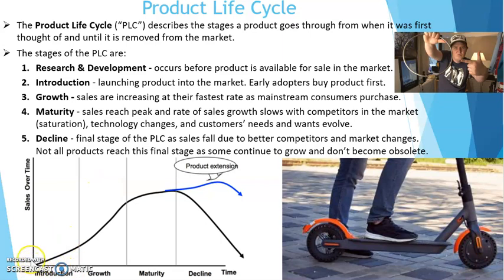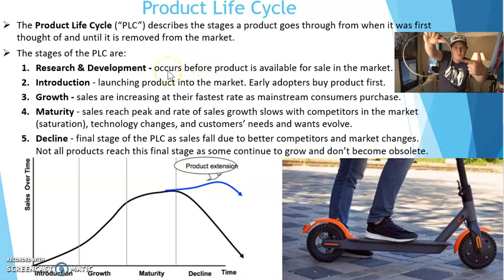Now, prior to any sales occurring, we have the research and development stage. And this occurs actually outside of the model, but it's an incredibly important part of the product life cycle.